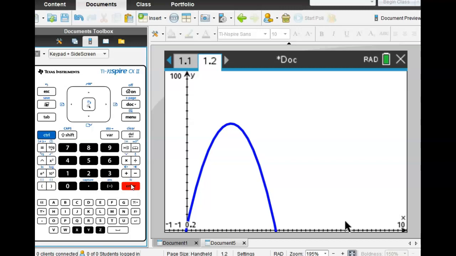Now, the height's probably okay, and even what I see is fine. I wouldn't necessarily have to fix it, but my time, it's way too far. And even though I'm not going to count the little hash marks there, it is to scale, so it doesn't even go halfway. I think we'd be safe changing our x values to 5 instead of 10, and then we could see everything a little bit better. Sometimes it's easier just to navigate.